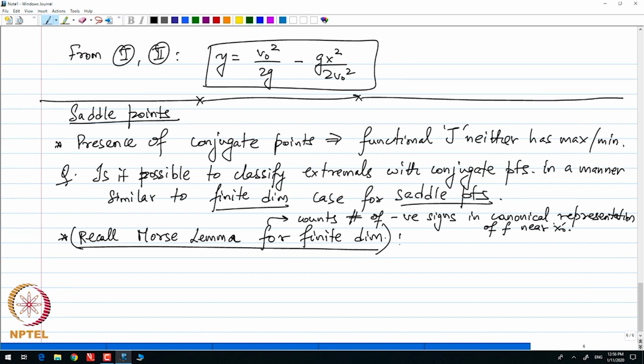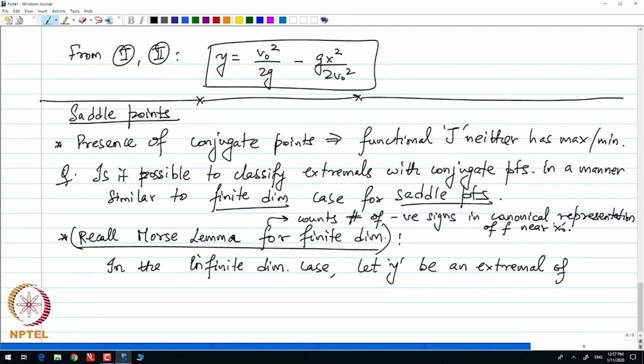So, in the infinite dimensional case, let us look at what happens to the Morse lemma. Let me denote y to be an extremal for J. So, let y be an extremal of the functional J and let us also denote a vector space on which these functions are defined.